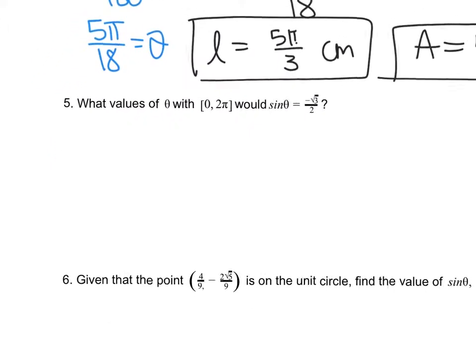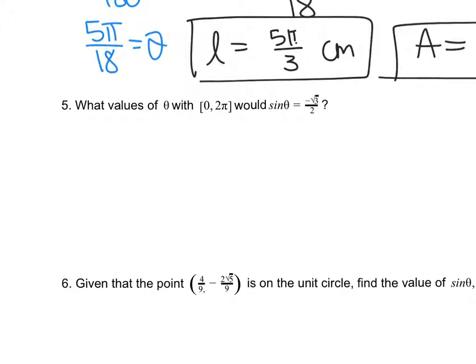Number 5, what values of theta from 0 to 2 pi would sine of theta equal negative square root 3 over 2? So first we have to determine what quadrants sine is negative. And if you use your unit circle, sine is negative in quadrants 3 and 4.